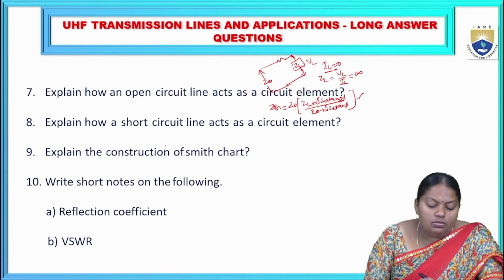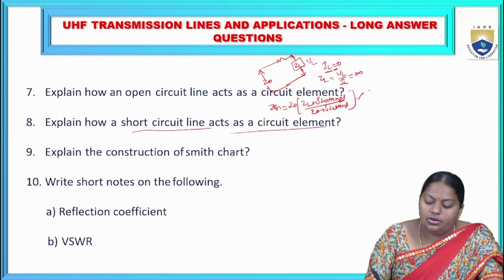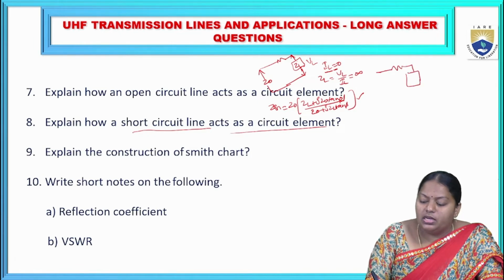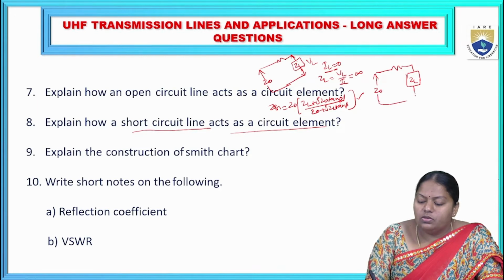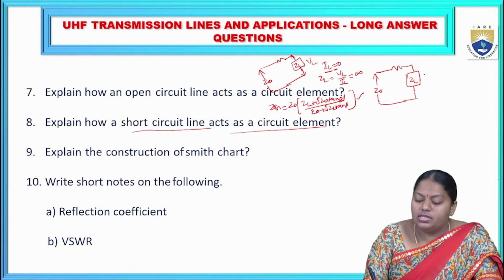Then explain how a short circuited line acts as a circuit element. To find this, again we consider the load impedance connected at the load side. The current flowing through it is represented as IL and the voltage drop across it as VL.